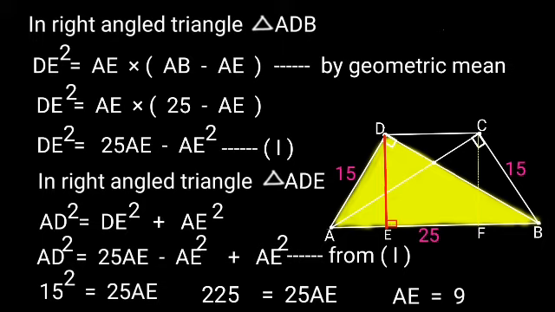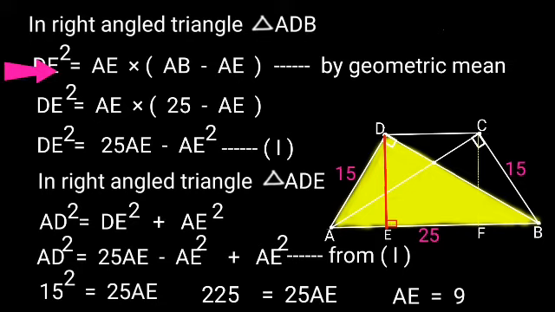But BE is nothing but AB minus AE. Hence, we write here DE square is equal to AE into AB minus AE. The reason is geometric mean.